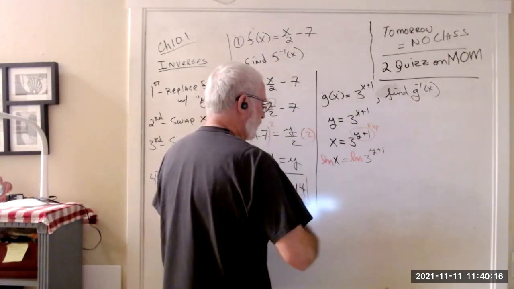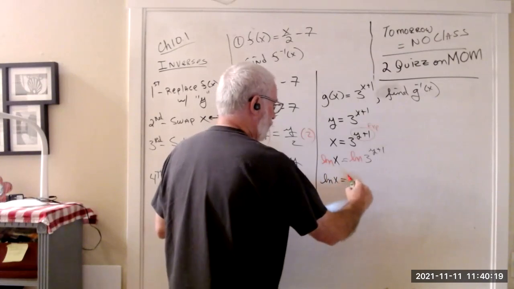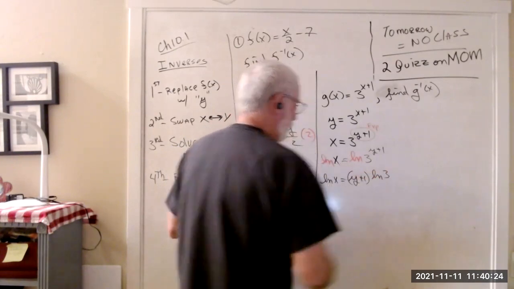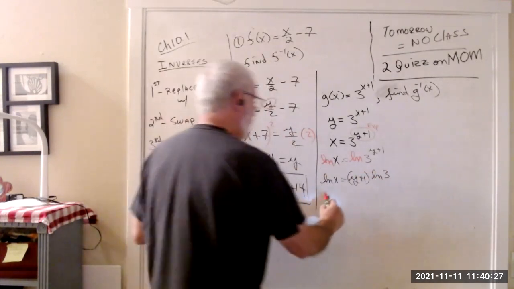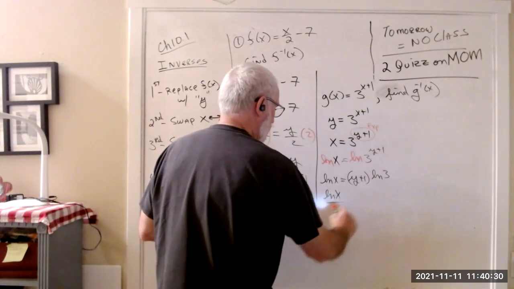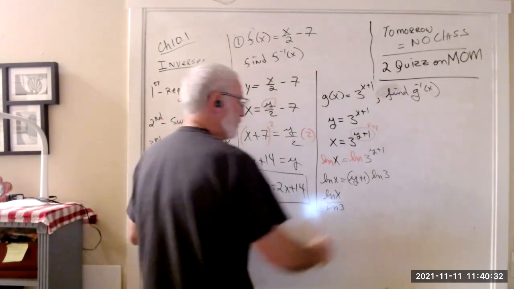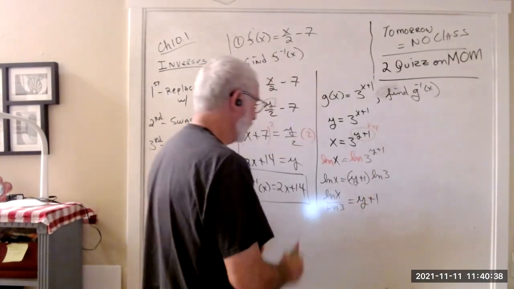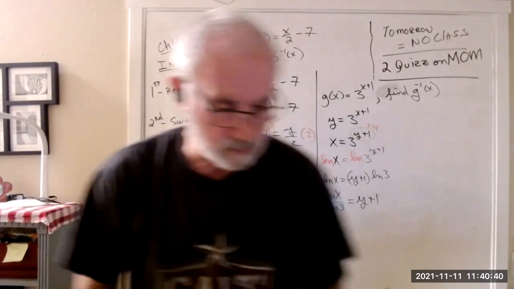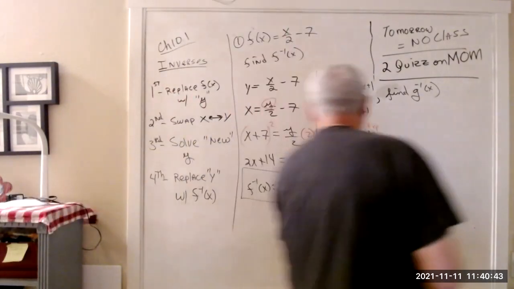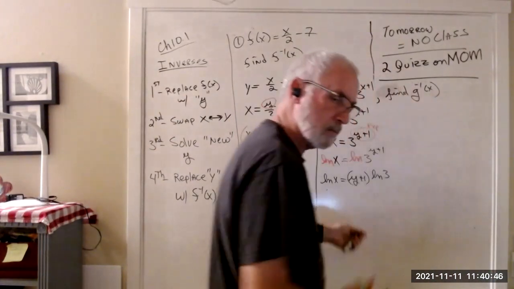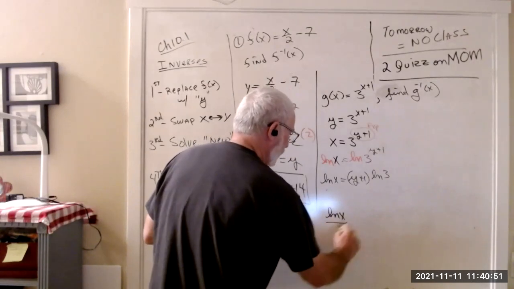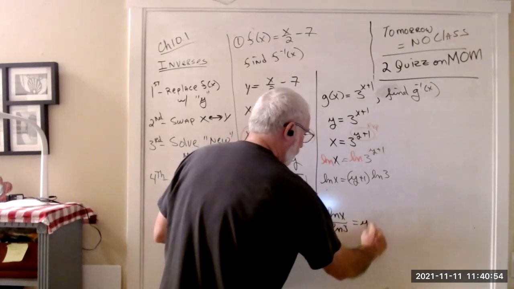That gives me the ln of x equals y plus 1 times the ln of 3. Divide: the ln of x divided by the ln of 3 equals y plus 1.